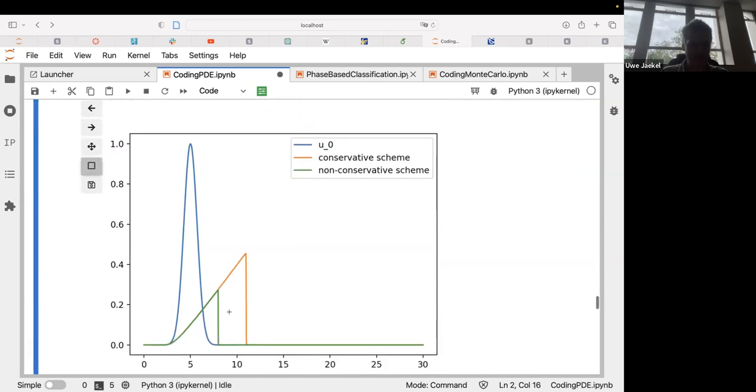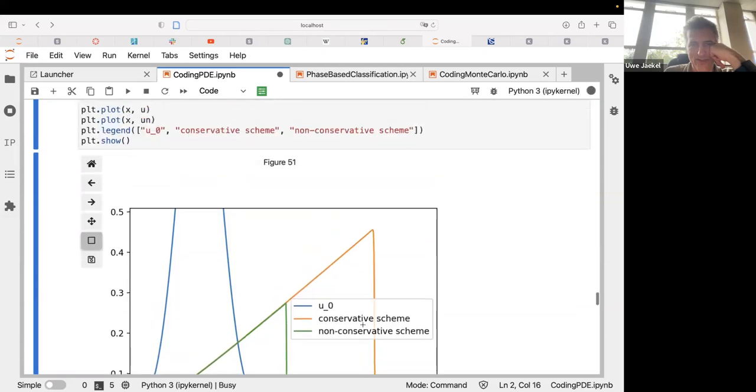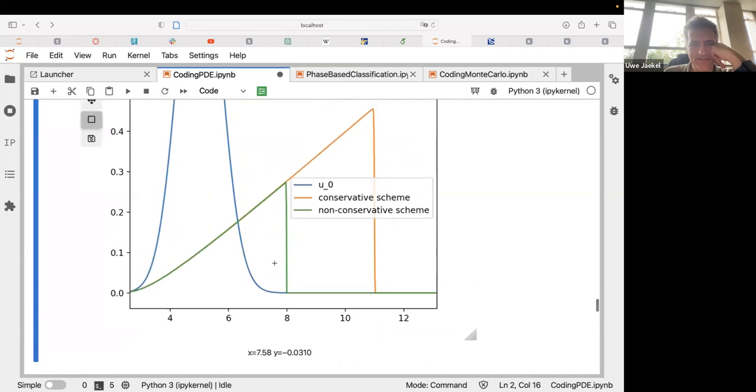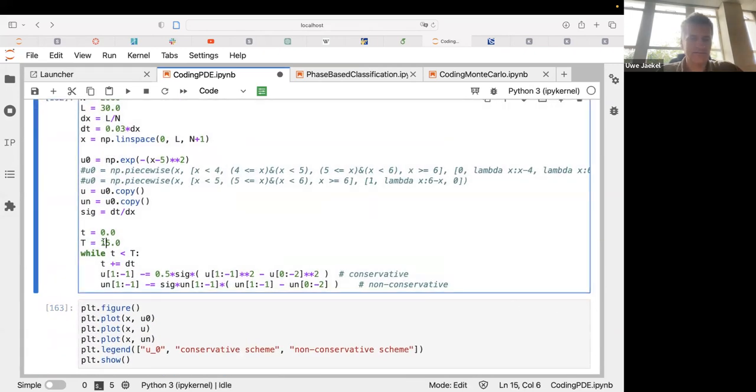The shock front is moving considerably slower for the non-conservative scheme than for the conservative scheme. Now it's at 8. Let's go to t equals 25.